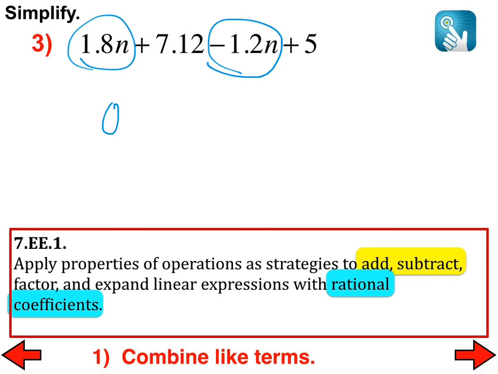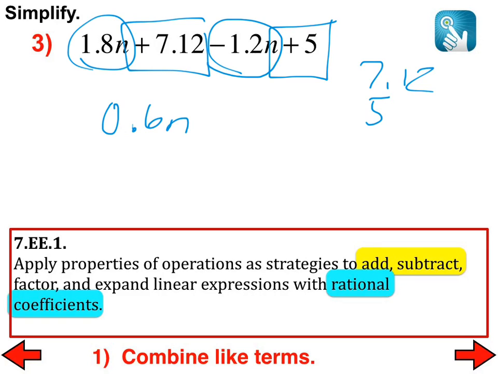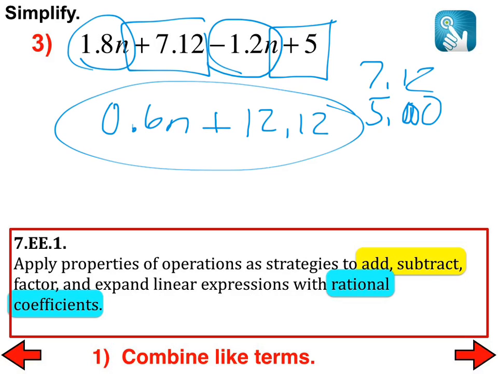That is a positive 0.6n. And then gather our positive 7.12 and our positive 5. Remember, that is 7.12 plus 5.00, which is positive 12.12. So that is the adding and subtracting of expressions with rational coefficients.